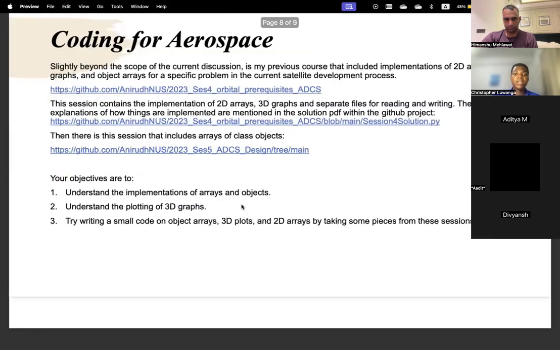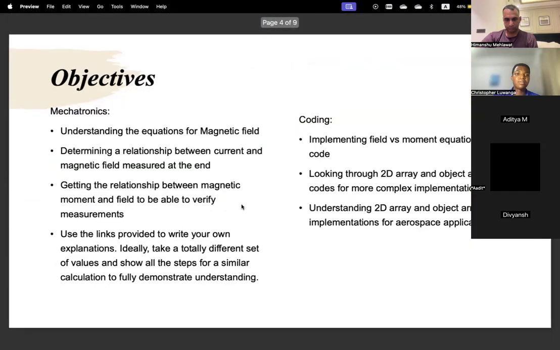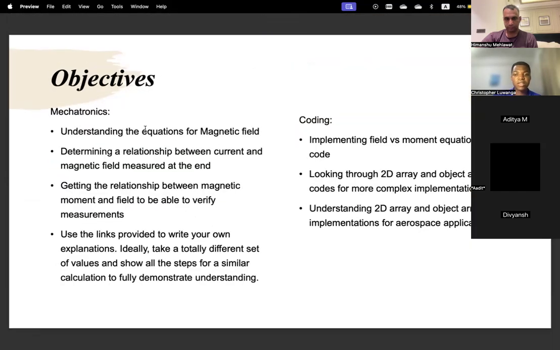And as I mentioned for mechatronics, the tasks remain the same. Just look into these equations that I've explained, and understand what each term is doing. Then using Excel or on your own, look at how, for example, if you change the R, what happens, and so forth.